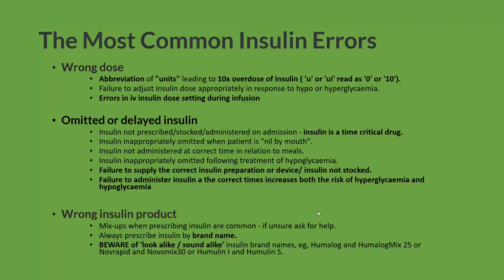Sometimes insulins look and sound very similar, like Humalog Mix 25 and Mix 50, everything is Humalog. But one Humalog is just a plain short-acting insulin, and the other is mixed insulin. Then NovoRapid and NovoMix 30, Humulin I and Humulin S. Humulin I is intermediate acting, Humulin S is short-acting. Sometimes pens also look very similar, so you must be careful when prescribing.